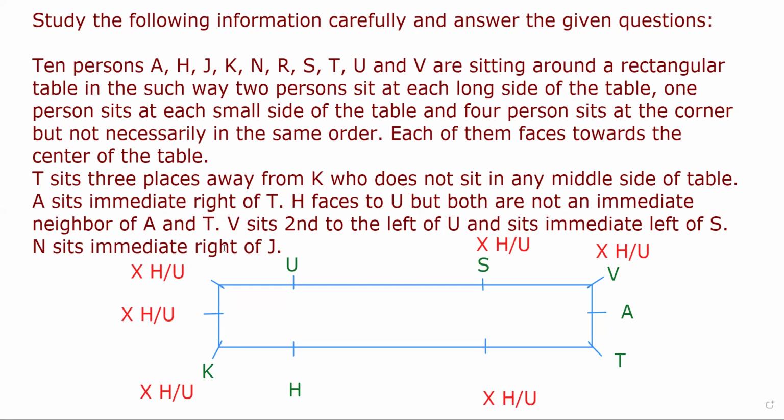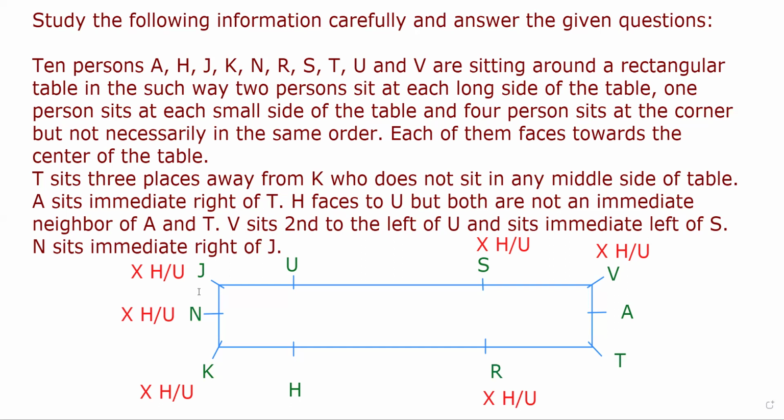So if N sits immediately right of J, the position of N will be this one and J will be this one, right? One place is left and there are no criteria for R, so obviously this position will be for R. So we have got the position.